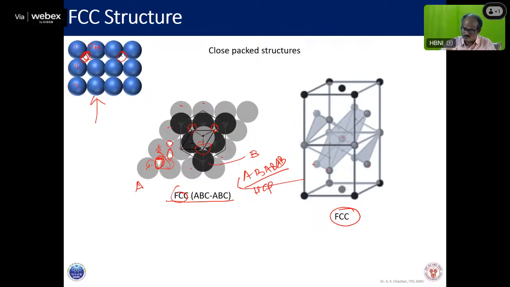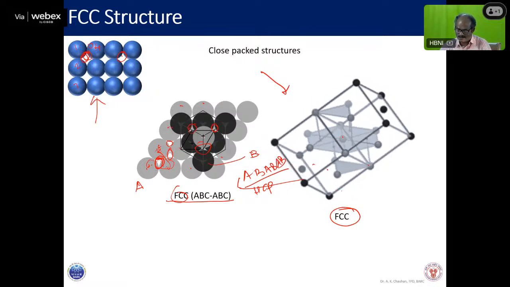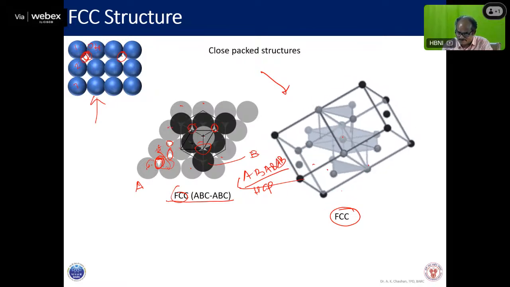But if you see from this angle, or if you turn it slightly lower, then you can realize that this structure and this structure are the same. You have to rearrange the atoms a little bit. Just see 1, 2, 3, 4, 5, 6, and 7 atoms, one in between.